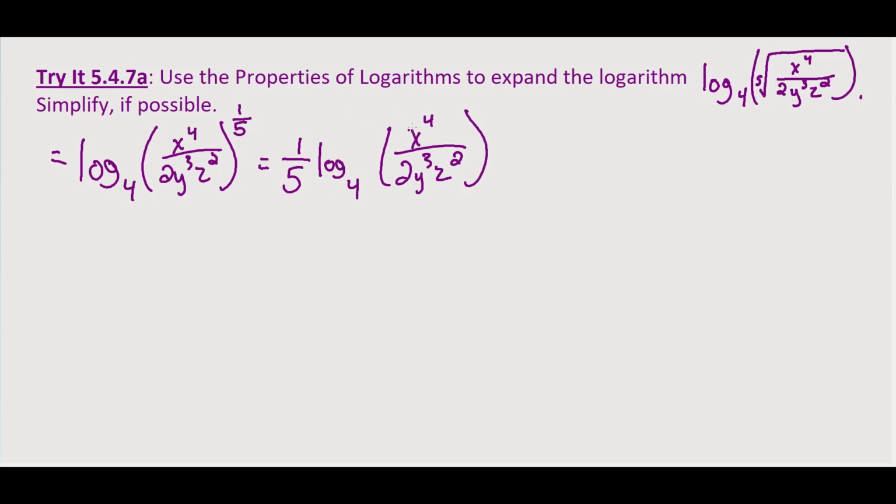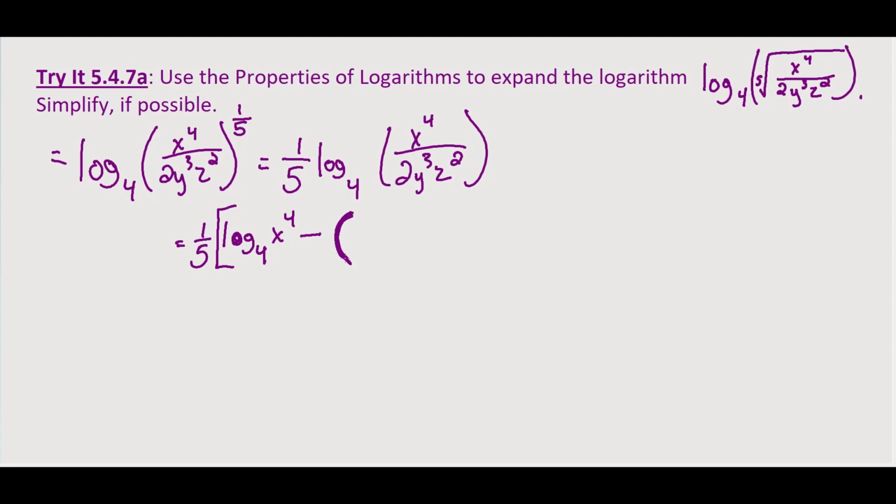Now we're going to use the quotient rule because that's the next thing that's inside the parentheses. So this equals 1/5 times log, I'm going to go ahead and use brackets here, log base 4 of x to the fourth, that's our numerator, minus, then I'm going to use the product rule in the denominator.